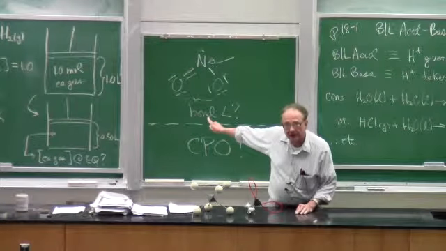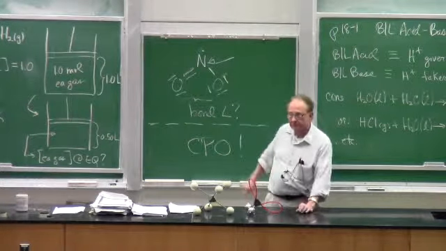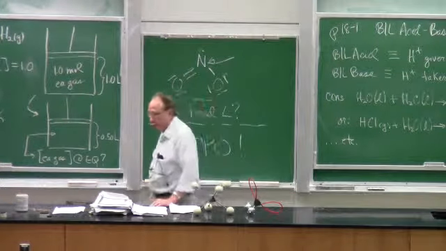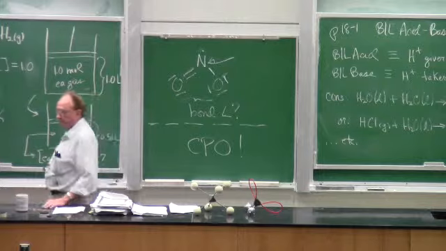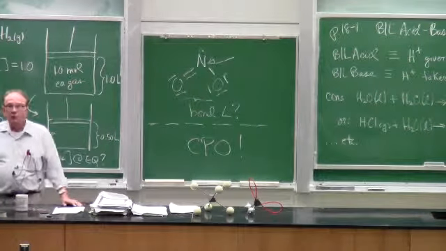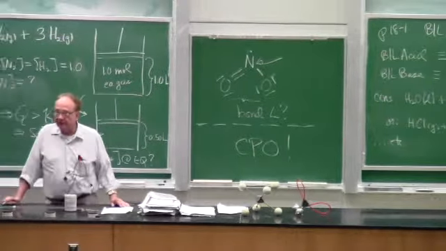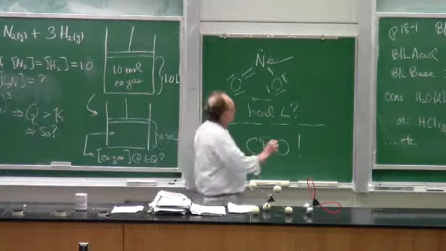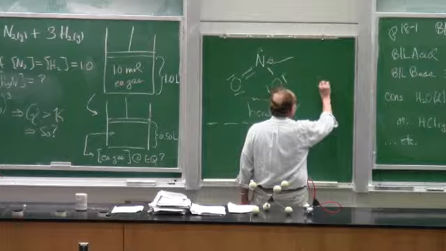Now, to play this game, you've got to know another rule. If the central atom has 1 or more non-bonding electron pairs, how are they counted? Are they counted as sigma?